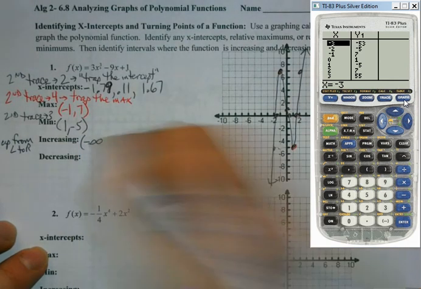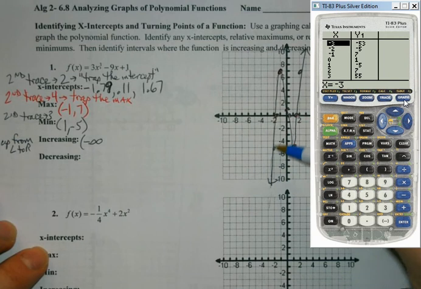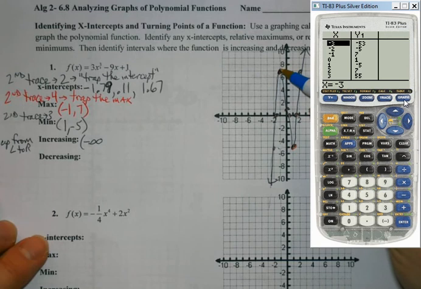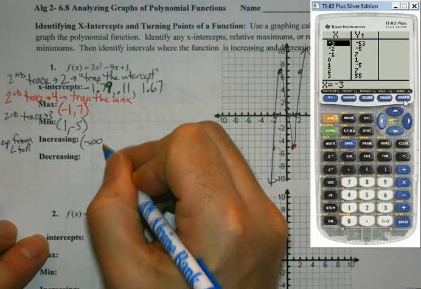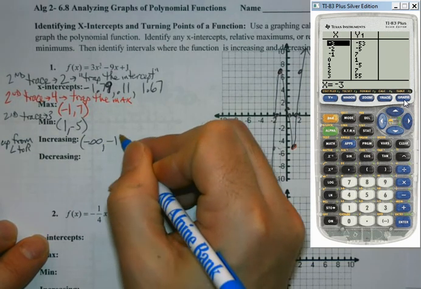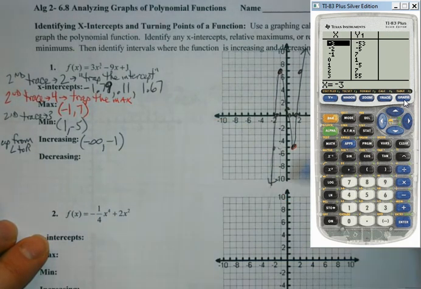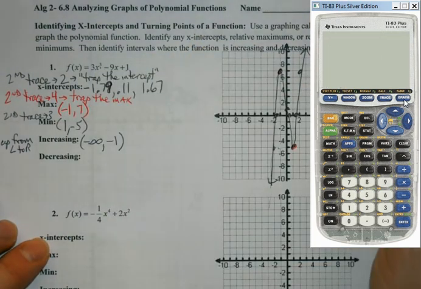So -infinity, and where do I hit that maximum point where it turns? What's my X value there? -1. That's one thing we're going to have to keep track of. These are going to be all in X values, all working from left to right, so they're all X's.